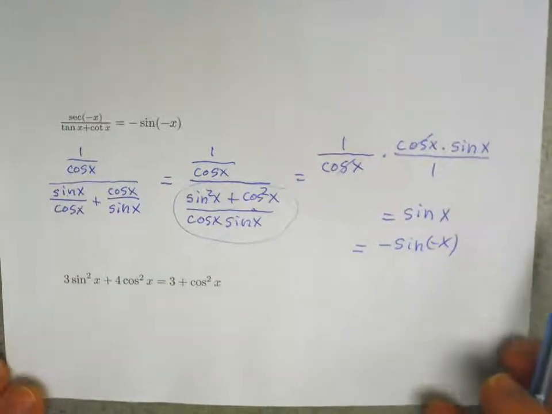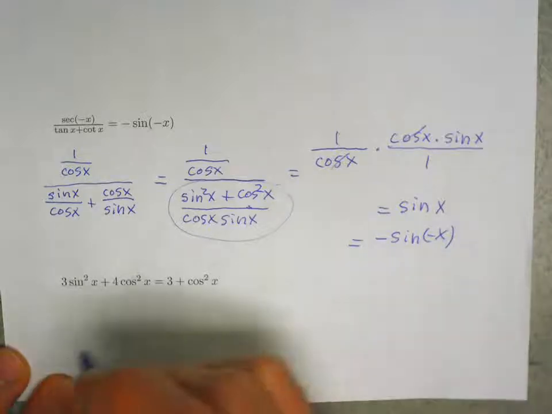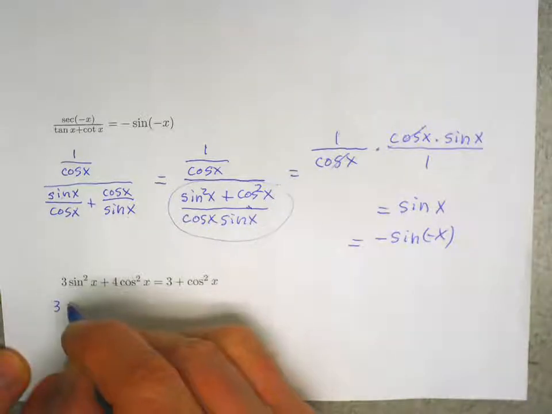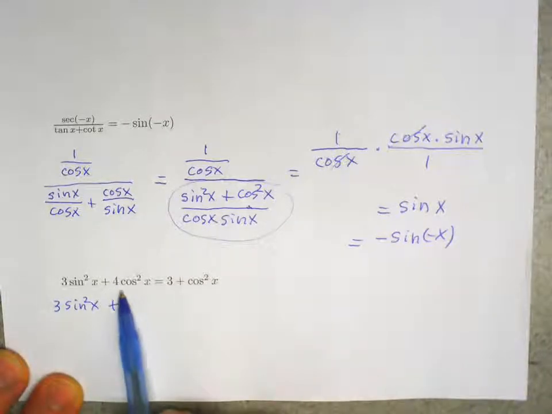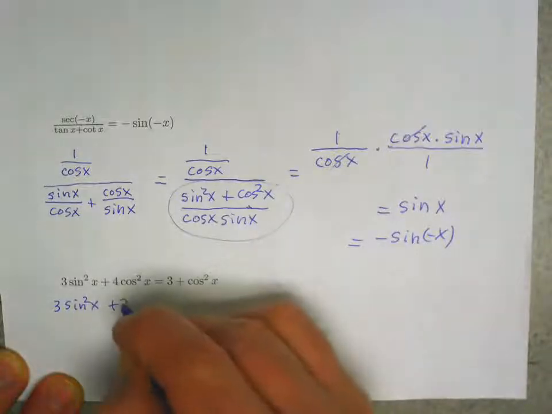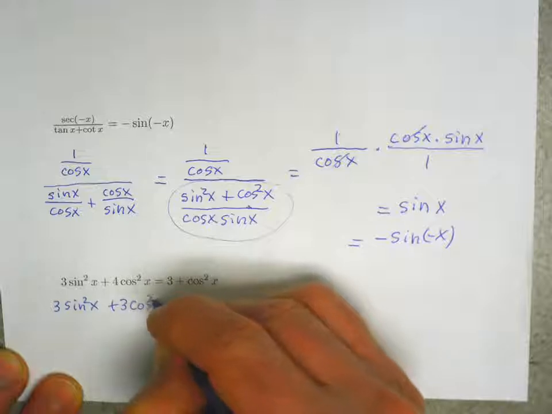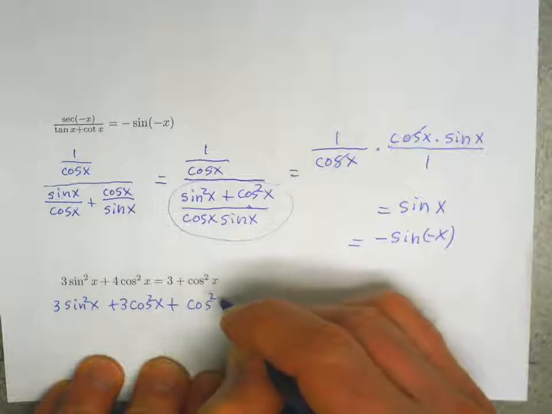Okay, one more. Show that 3 times sine of x squared plus 4 times cosine of x squared equals 3 plus cosine of x squared. Well, let's just write 3 times sine of x squared. I have a total of 4 cosine of x squared, so I'll take 3 of those, 3 times cosine of x squared, and then add the other cosine of x squared.